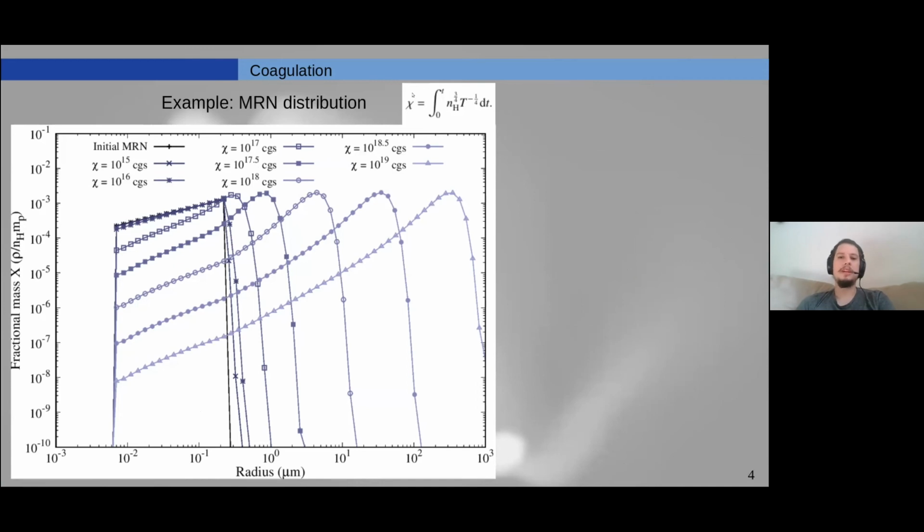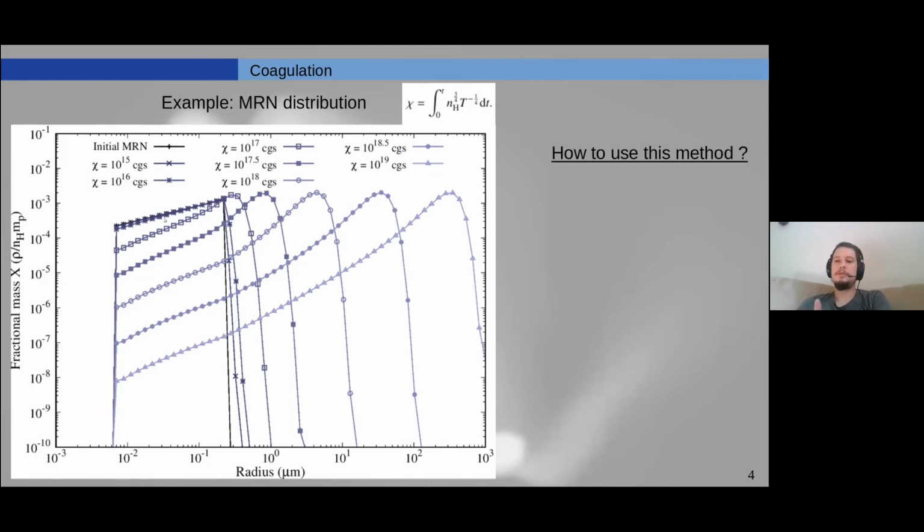What you can remember is that for this kernel, the coagulation starts to be very noticeable from chi equal 10 to the 17, and the size distribution grows to larger sizes. What's represented is the dust mass, not the dust number, so it's the minus 3.5 slope for the number, but plus 0.5 for the mass initially.